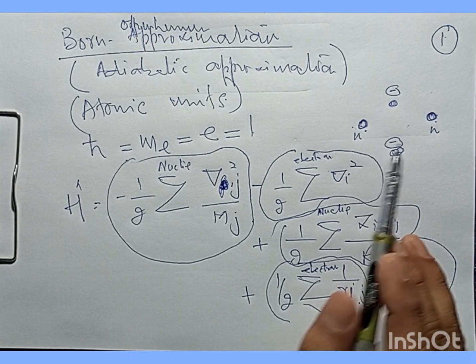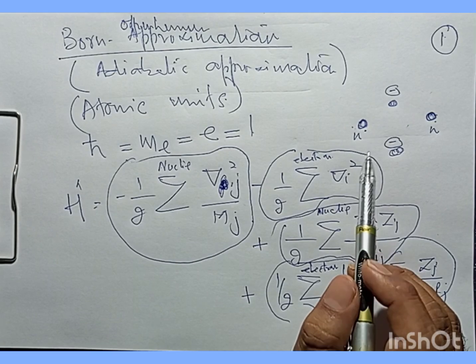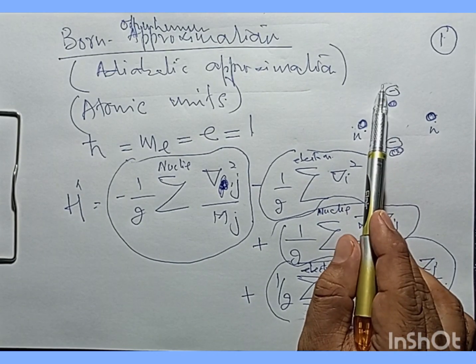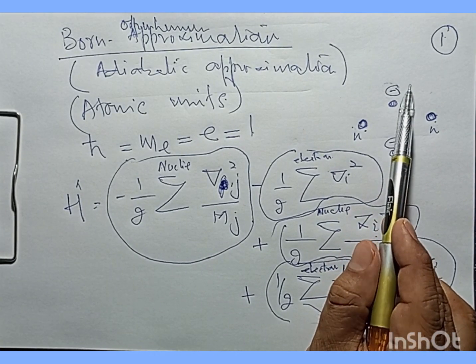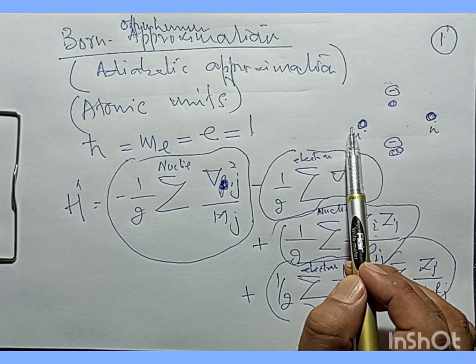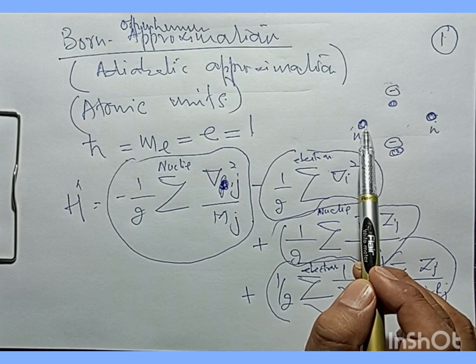So at any given instant of time, the electrons will feel a Hamiltonian that depends on the position of the nucleus at that very instant.